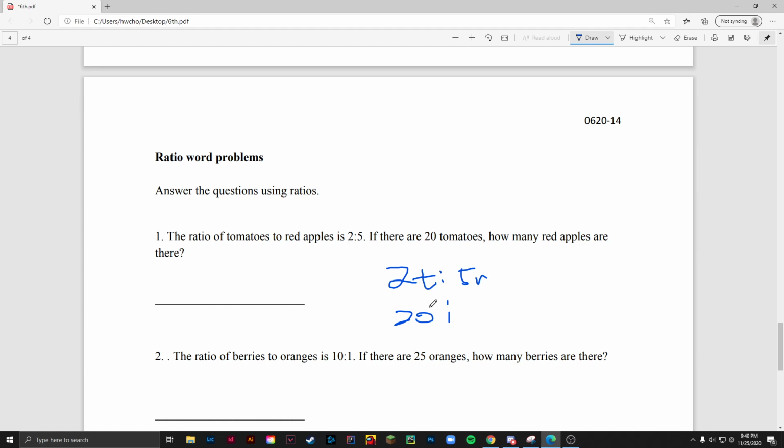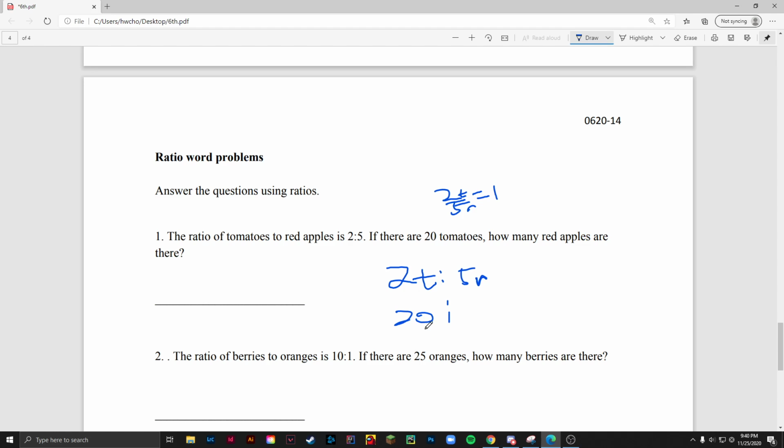Well, let's solve right here. If you divide it, the ratio 2 to 5 is going to be equal to 1 in terms of tomatoes to red apples. Okay, so 20.